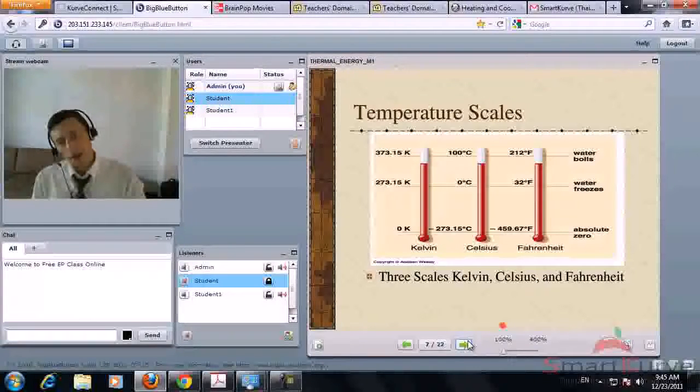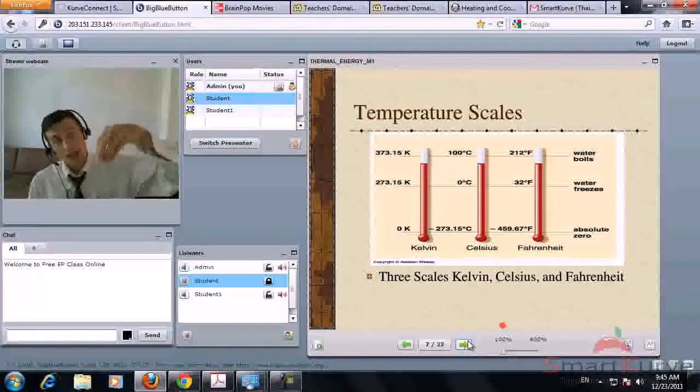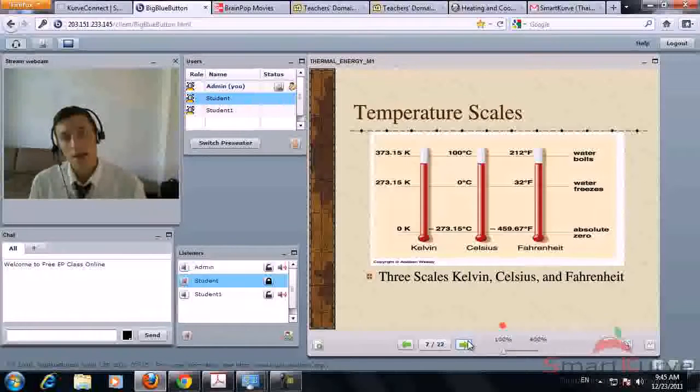The thermometer is made of glass. It's a long, thin glass tube, and inside we have that red liquid. Now that red liquid is mercury. Mercury is actually a metal. It's a very dense, very heavy metal.